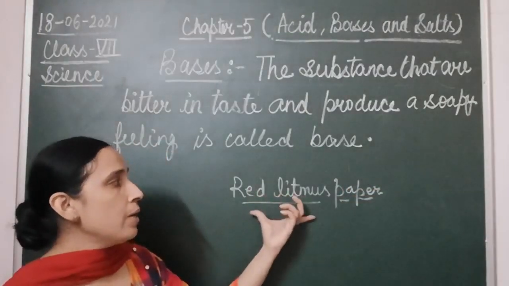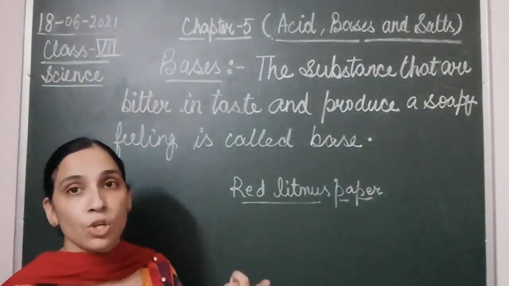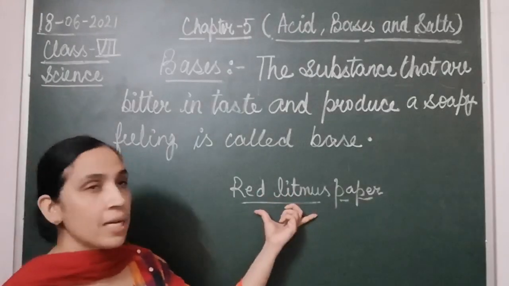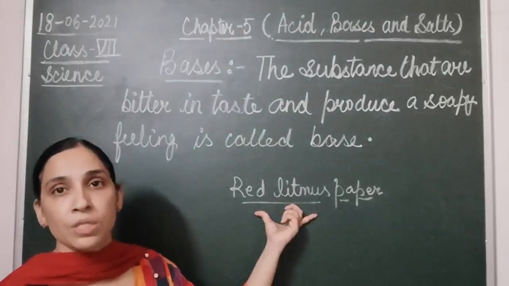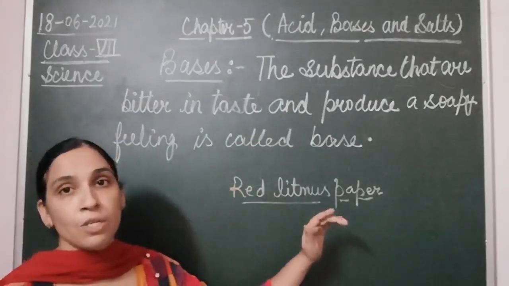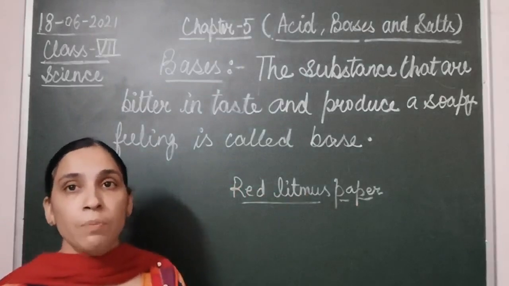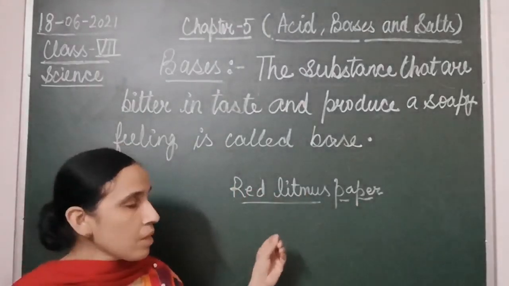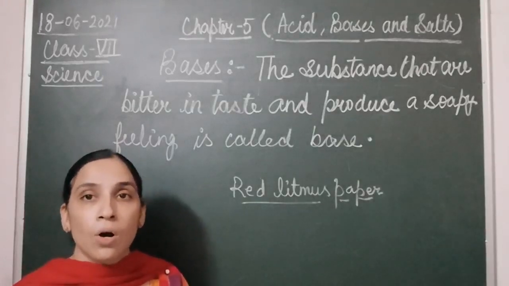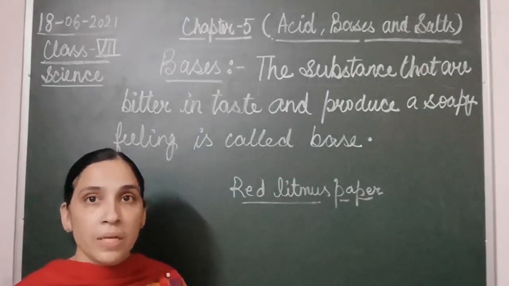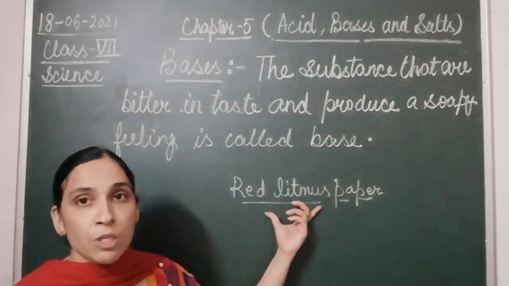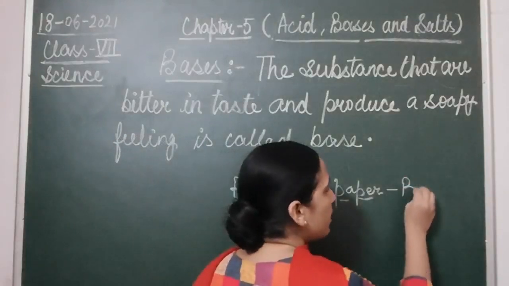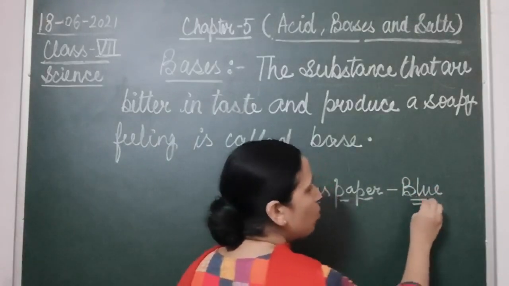Now to find out whether the nature of a particular thing is basic or not, we are going to use red litmus paper. When we pour a few drops of the base, dissolved in water or in some kind of solution, on it, the red litmus paper turns blue.